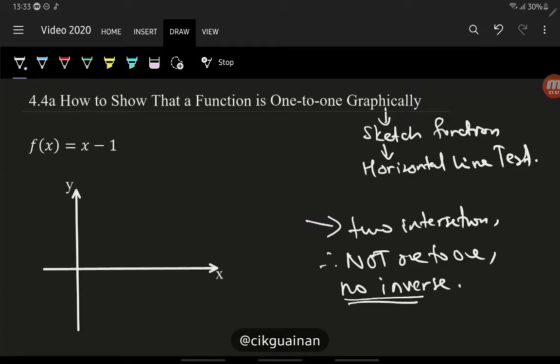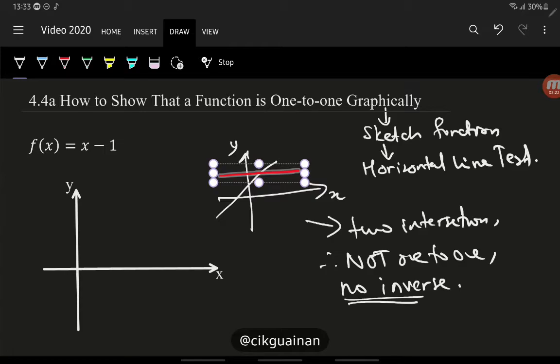Now, if we have another example like this function, this is x, this is y, and then we do a horizontal line test. As you can see here, if I move the red line up and down, it always intersects at one point with the function, the linear function.